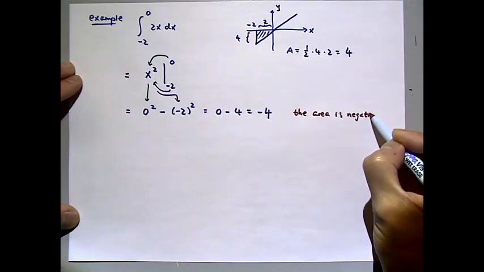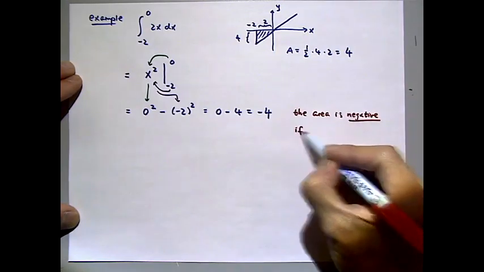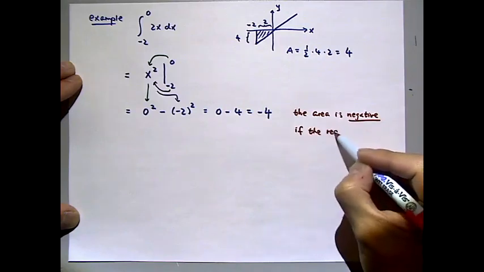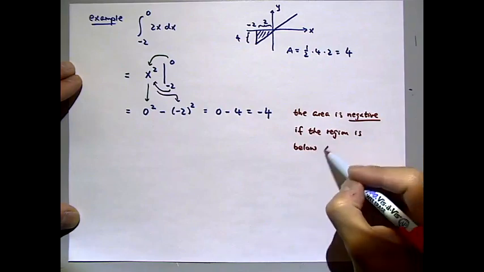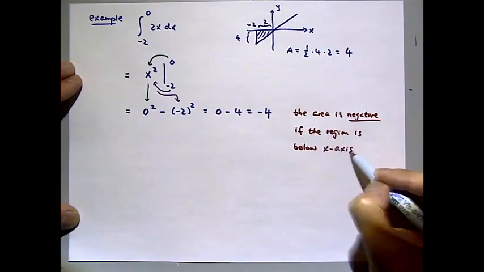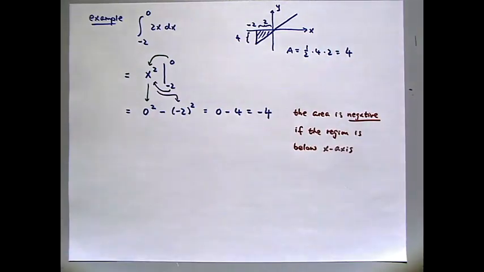The area is negative if the region is below the x-axis. The number still tells us what the area should be, but we actually end up getting a negative number.